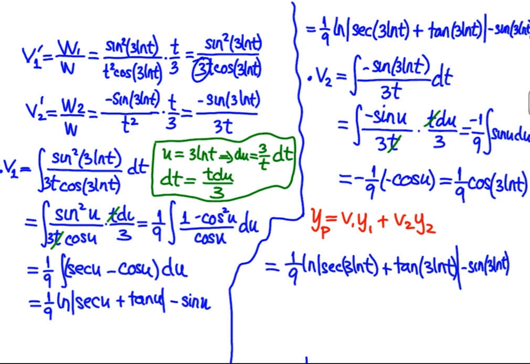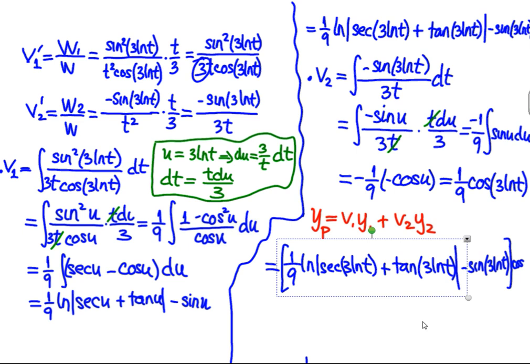But not only V1, we still need to multiply by y1, which is the cosine of 3ln(t). Hate when that happens. Just erase everything and try to write smaller.